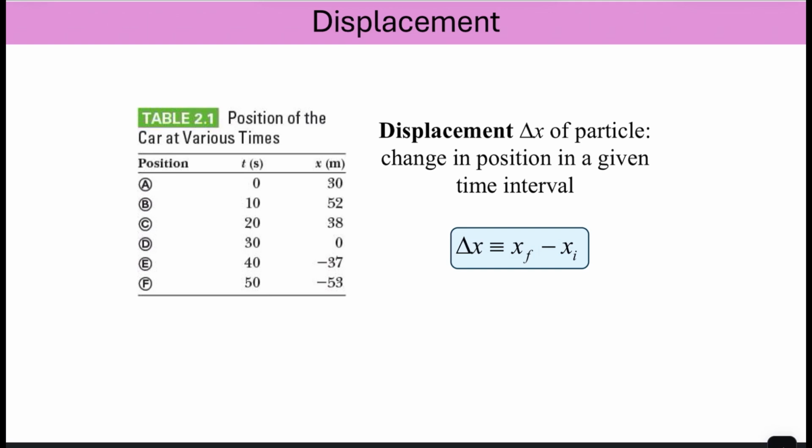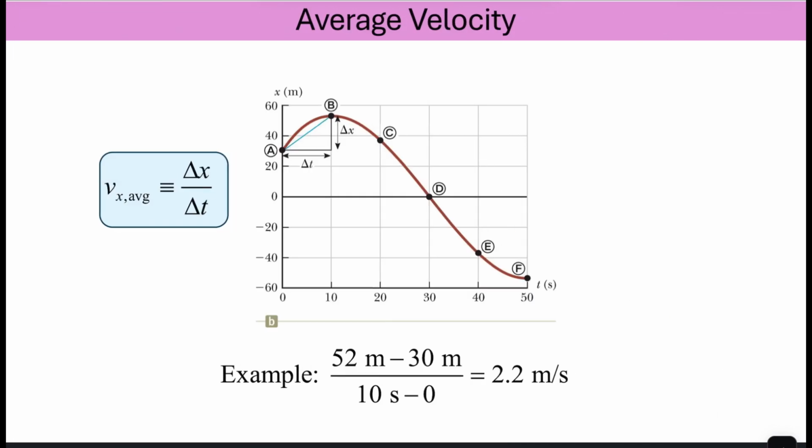The second term is displacement. Displacement, symbolized normally as delta x of a particle, is known as the change in position in a given time interval. The delta x is defined as x final minus x initial. And we have another term, average velocity. Average velocity is delta x over delta t.